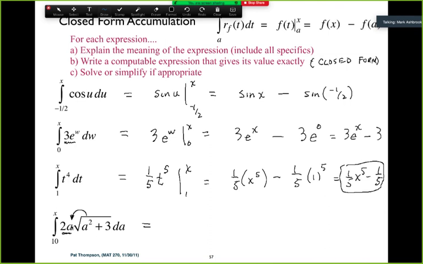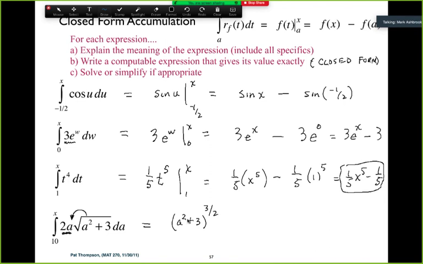So if I do the antiderivative, this thing will go away. It'll collapse back inside. I won't have this anymore for the antiderivative because it's in the derivative that we chain it on. So it's going to go away in the antiderivative. So we're going to have a squared plus 3 to what power? 3 halves. We're going to raise the power by 1 just like we did in this one.